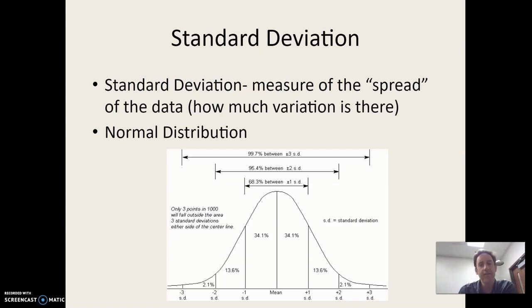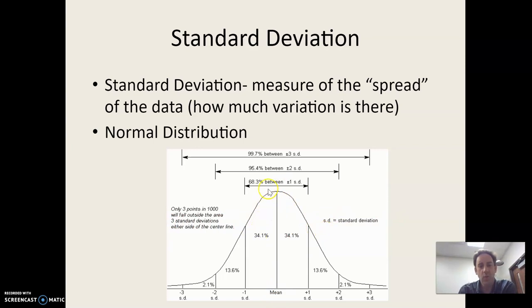So let's start with standard deviation. This is simply a measure of the spread of the data. How much variation is there? If there's a range of data and the mean is here, we set up this normal distribution.